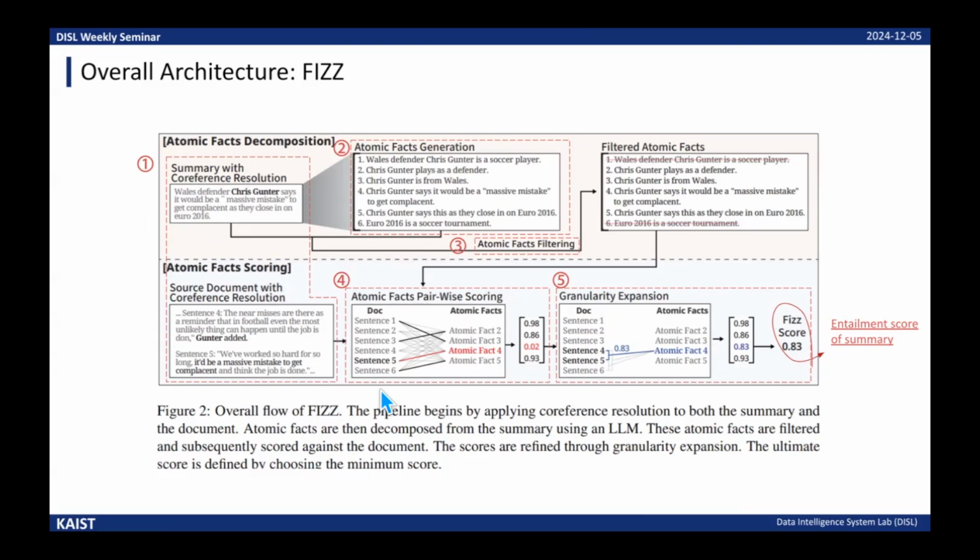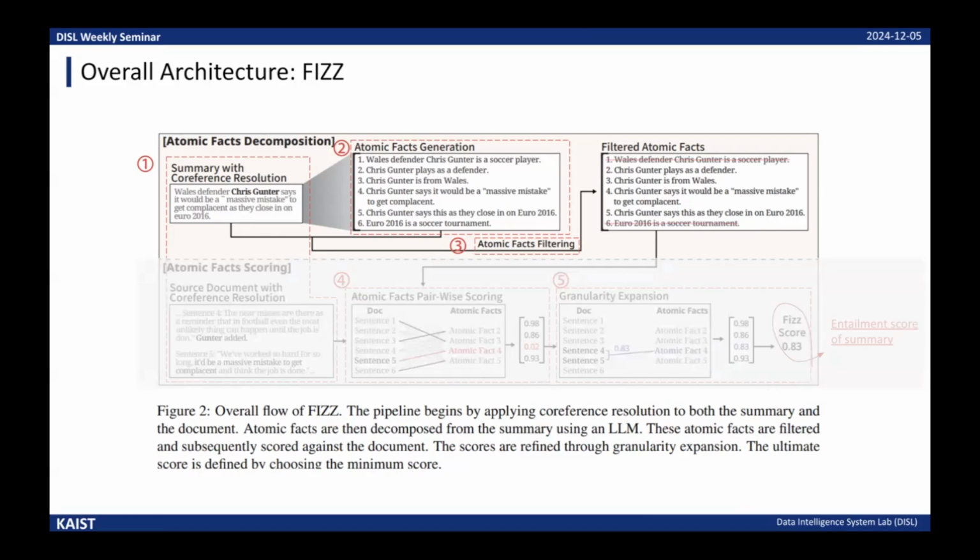Fourth, they calculate pairwise factuality scores between the original document and the filtered atomic facts, generating a score for each atomic fact. Finally, since some atomic facts require comparison across multiple sentences rather than just a single sentence, they apply granularity expansion to recalculate these scores. And the final factuality score for the summary is determined by the lowest score among all the atomic facts.